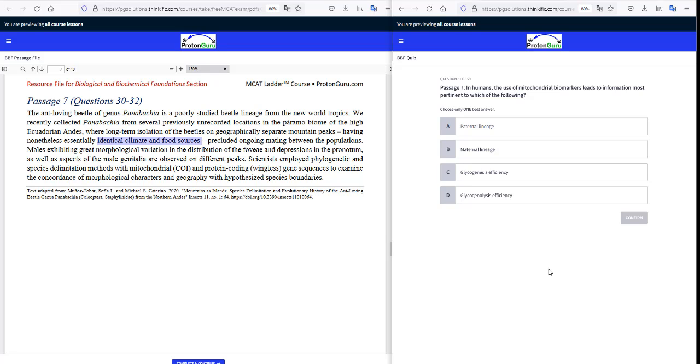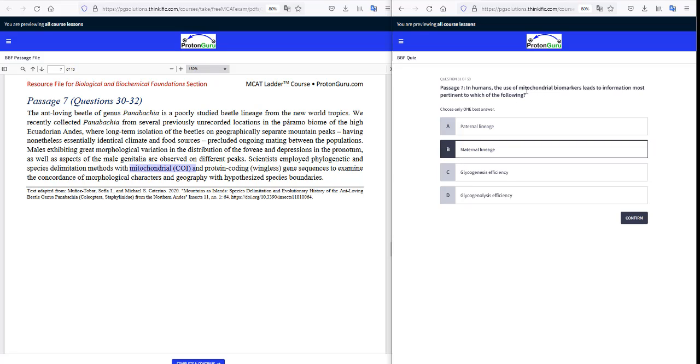So, question 31. In humans, the use of mitochondrial biomarkers leads to information most pertinent to which of the following? And this is associated with this passage loosely because it does mention mitochondrial changes, or sequencing at least. And when we think about humans in mitochondria, remember that humans only get their mitochondrial DNA from the mother, not from the father.